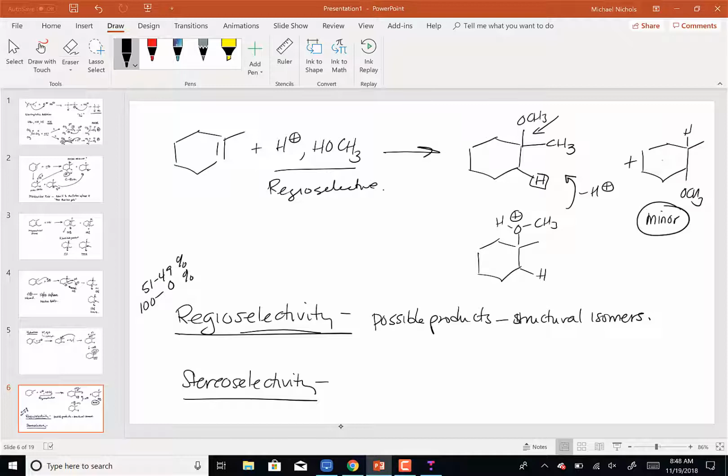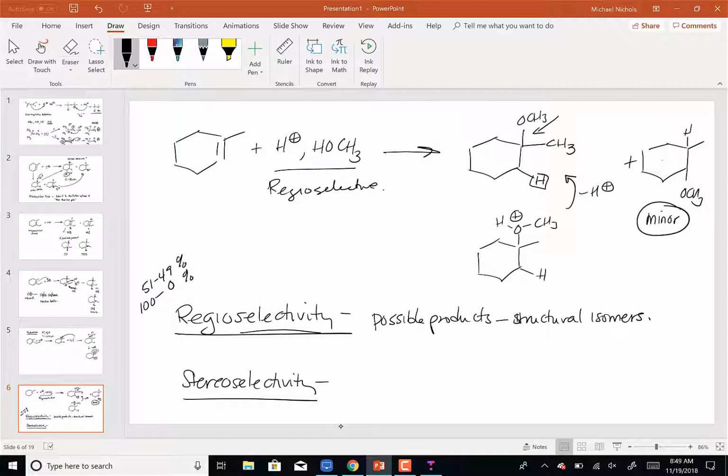There's no difference in the rule. Stereoselectivity is when you have two possible products that are stereoisomers. What are stereoisomers? Enantiomers, diastereomers, cis-trans.